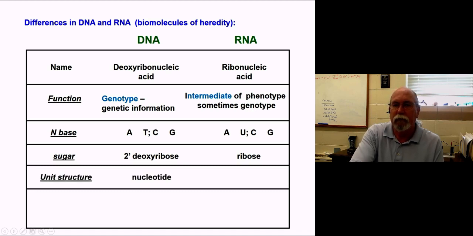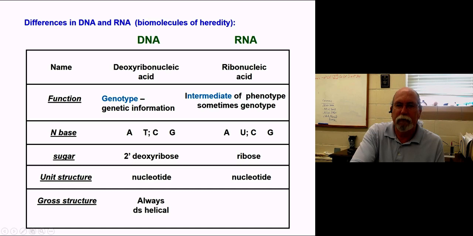Okay, the unit structure here, of course, is a nucleotide, and for RNA, it's the same. It's the same type of structure, so they do not differ at that point. And then the growth structure, DNA is almost always double helix. Okay, it's almost always double-stranded, double helical form, unless it's being pulled apart for some reason. But certainly, as a genomic unit, it's double-stranded. RNA is generally single-stranded and linear.